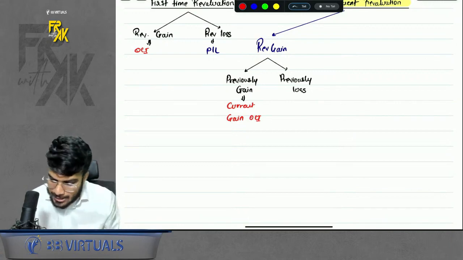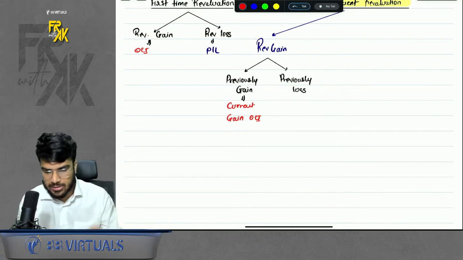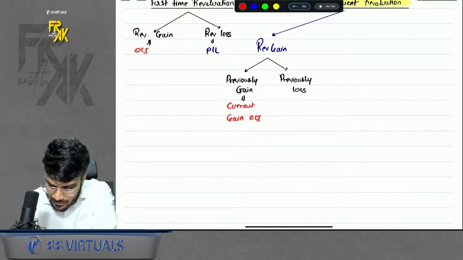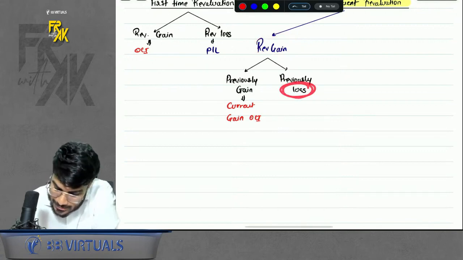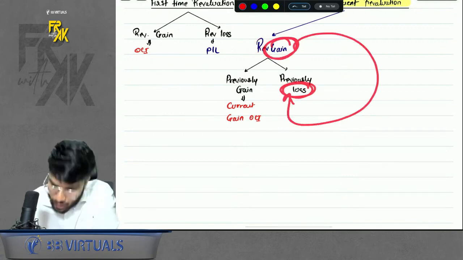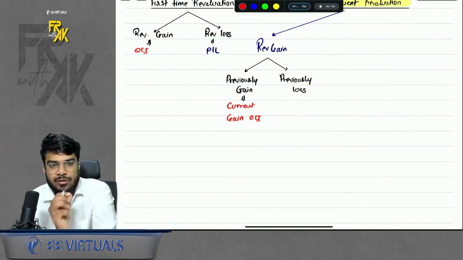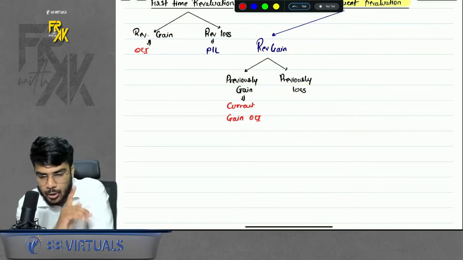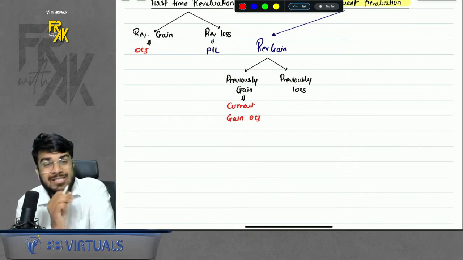Absolutely correct answer. Such existing gain should first be settled off against the previous loss. That means if you are getting a gain now but previously you had a loss, such a gain should first be settled off against the previous loss. That means to the extent of your previous loss, the current gain should be transferred to profit and loss, because first you want to set off the loss.